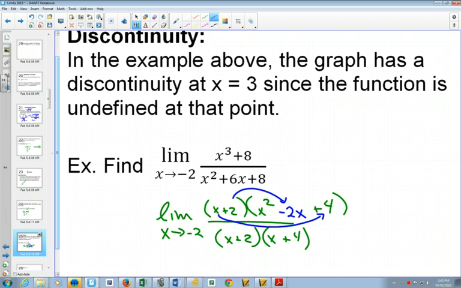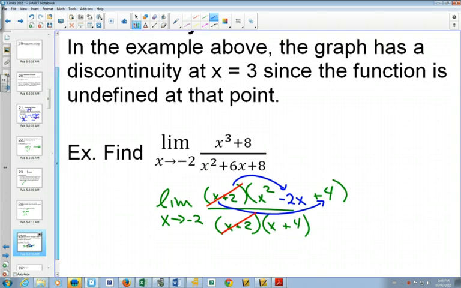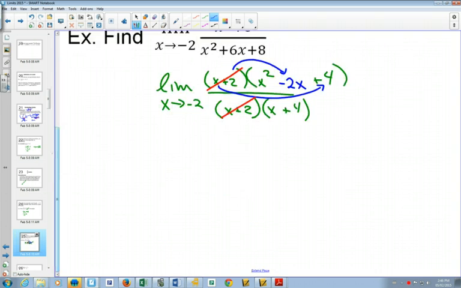So at this point, we now notice that the x plus 2's can cancel out. And once those x plus 2 cancel out, the -2 on the bottom is no longer an issue. If I want to rewrite it simplified, I'll still need to write the limit.